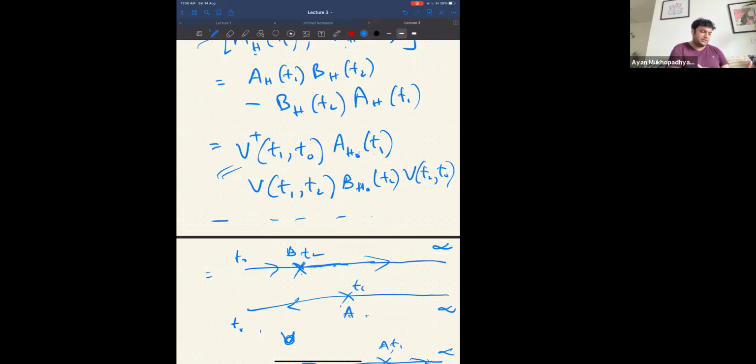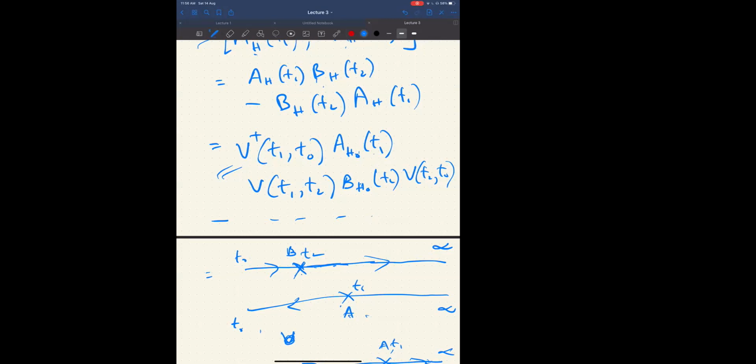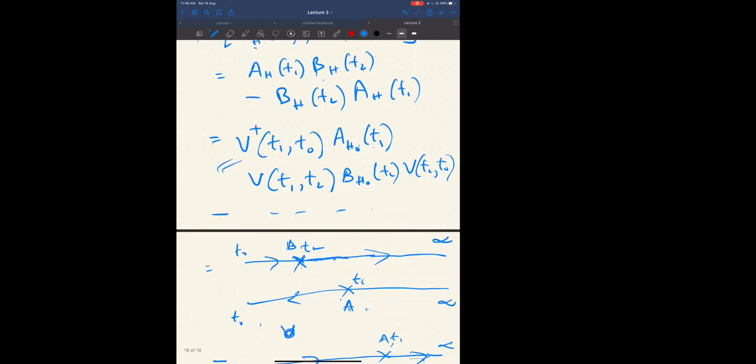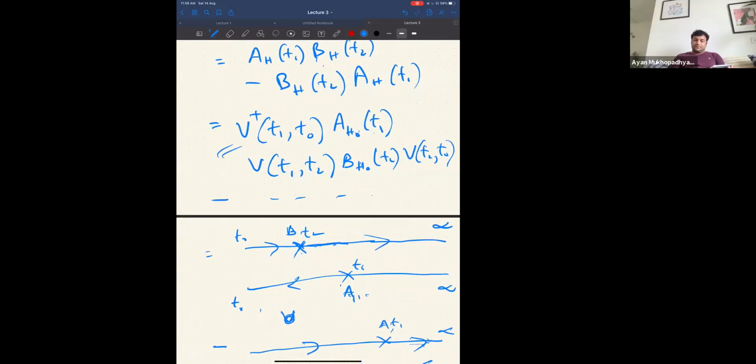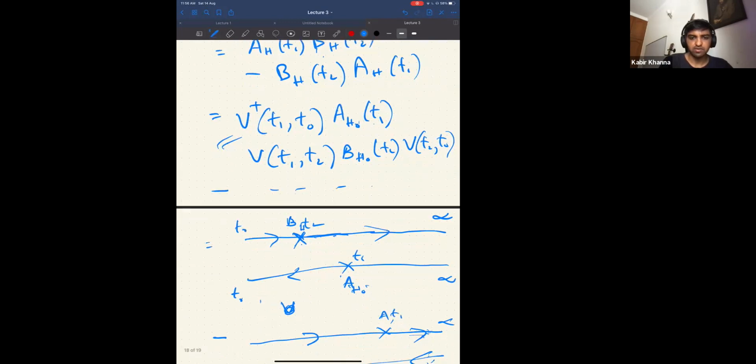So whatever occurs first on the contour should act first on the state. So this is going to be first, and then this is going to come, right? So what I wrote was correct, no? And everything is in the Heisenberg picture with respect to H0. In physical times, T2 is less than T1 in the first, but it's opposite in the second. But T2 and T1 are fixed, right? Then how can you physically do this experiment?